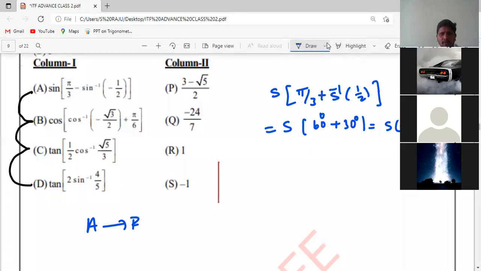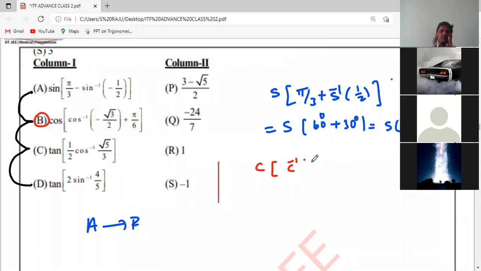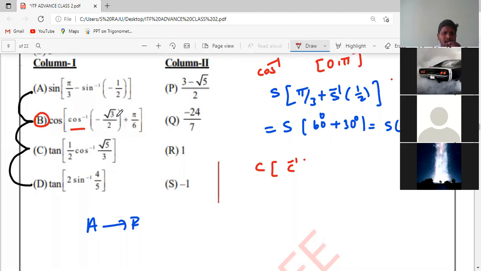Next. Can you try B? B is cos of cos inverse of minus root 3 by 2. Here minus root 3 by 2 belongs to which quadrant? Since we know that the principal value branch of cos inverse is 0 to pi, and cos is negative in the second quadrant, what should we write here?